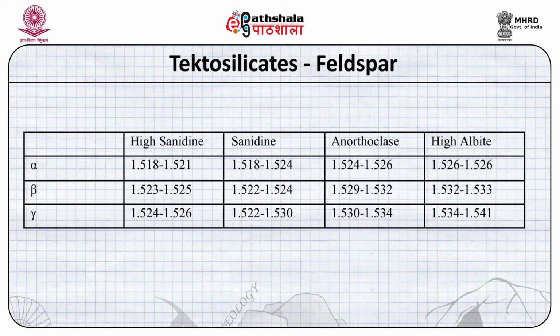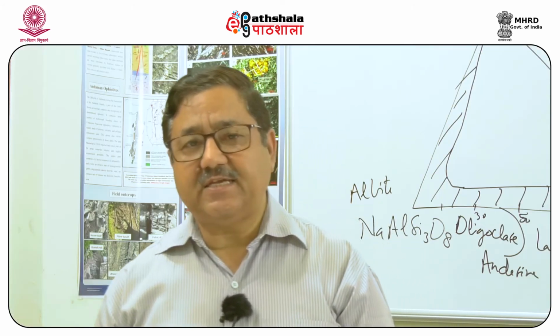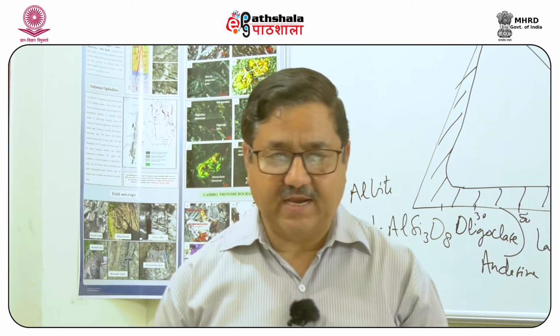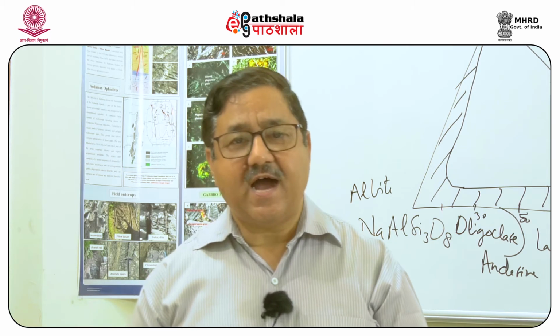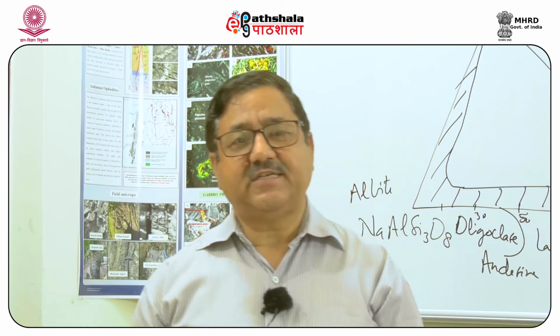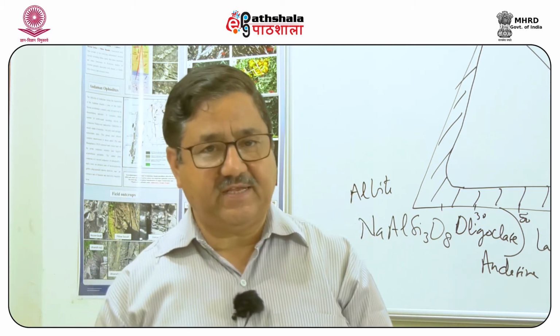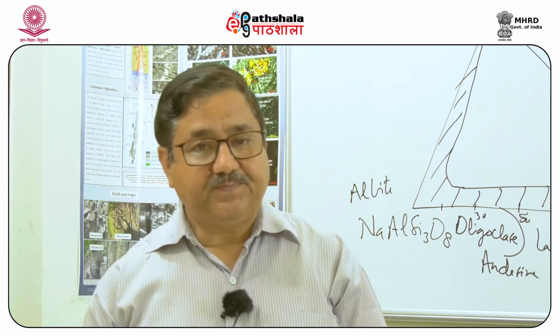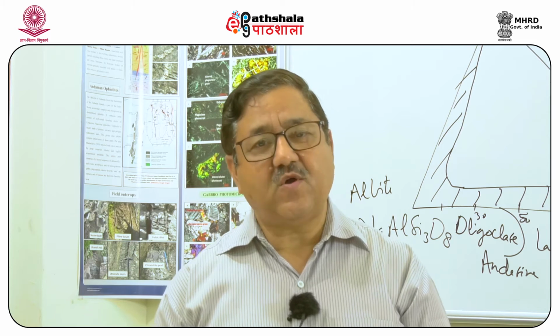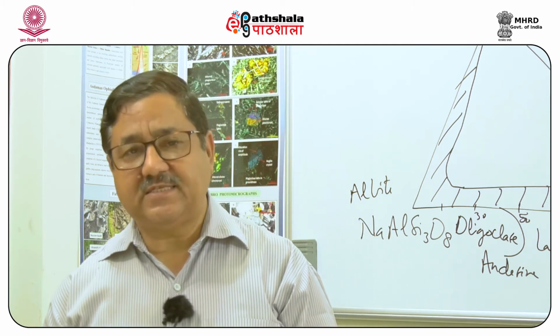Now, high sanidine in plane polarized light we can identify in volcanic rocks as euhedral crystals in some cases. Otherwise, all the feldspars have the optical property of low birefringence, and they are not very easy to distinguish because their crystallography is not apparent in the thin section.